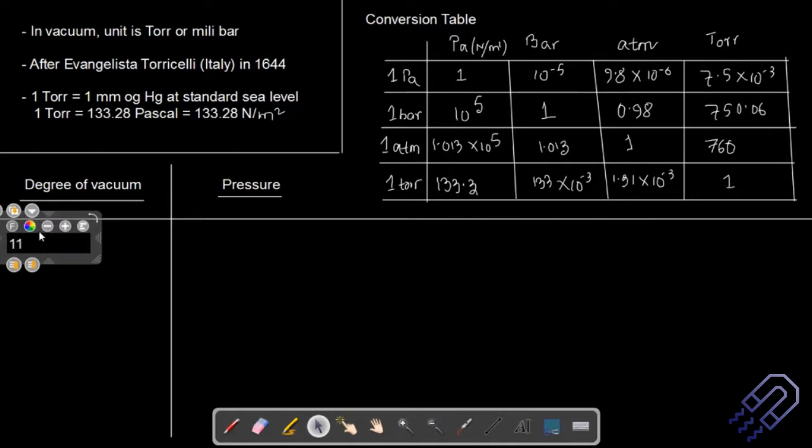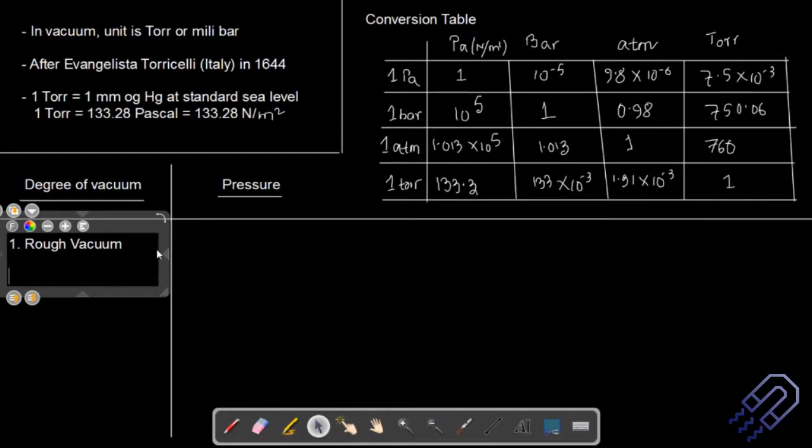Okay, the first one, we will call it rough vacuum. So you know the vacuum is not very high, and let me call it rough vacuum. That's the first part. The second one I will call medium vacuum. Third one, high vacuum.